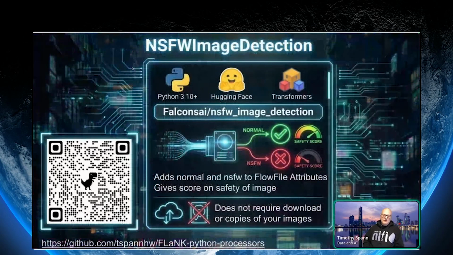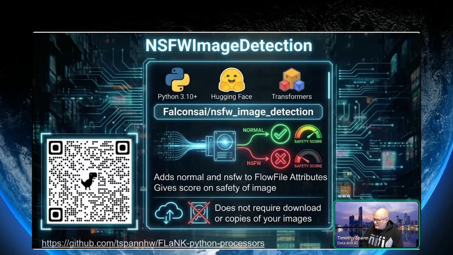And then, important if you're taking images from people, like I'll grab images from a Slack channel with NiFi, I want to make sure that things are appropriate, whether it's corporate or whatever you're doing. I want to get rid of those. Fortunately, there's a couple of good libraries out there. This makes a great Python processor.